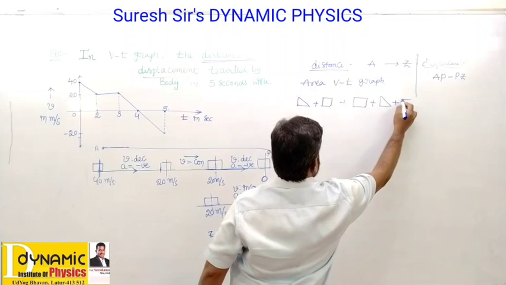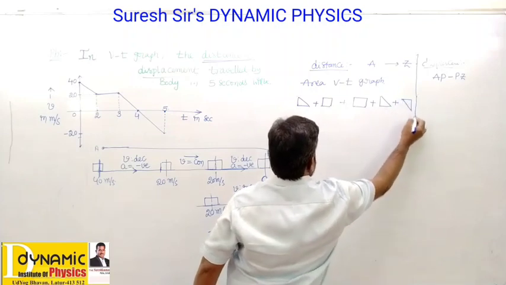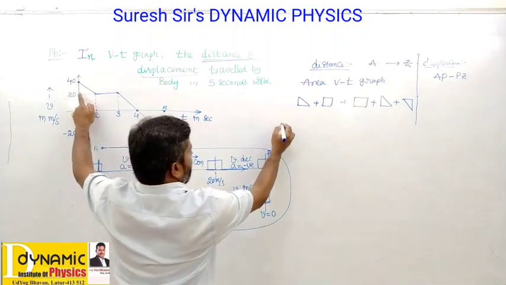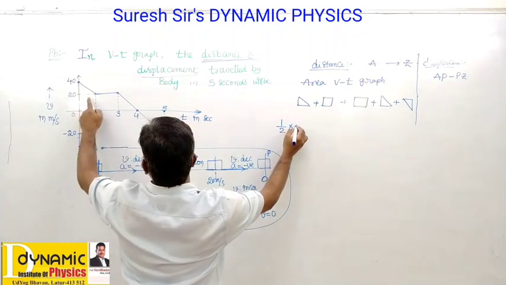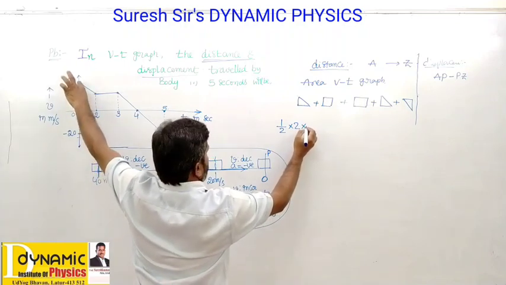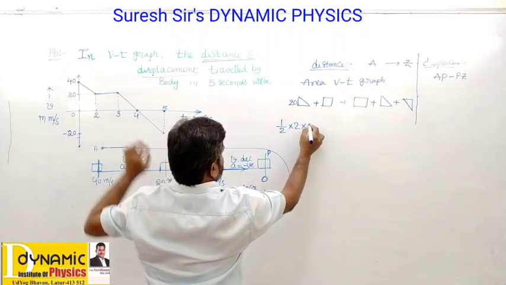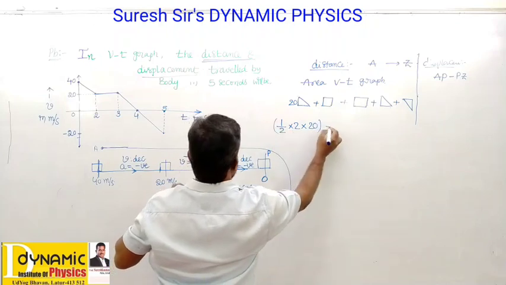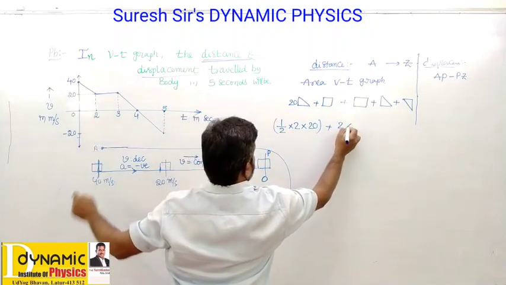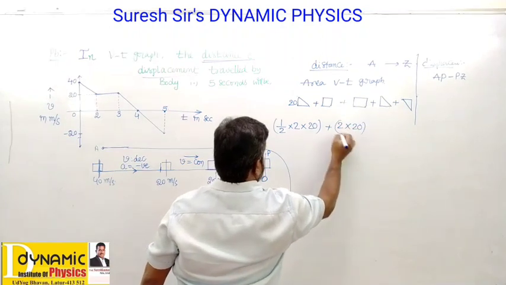This indicates the total area. First, the triangle area is half base into height. The base is 2 and the height is 20. So this is half into 2 into 20. This is one rectangle.